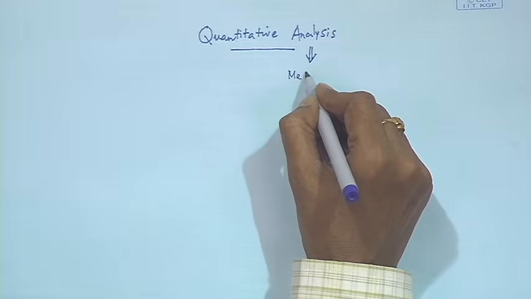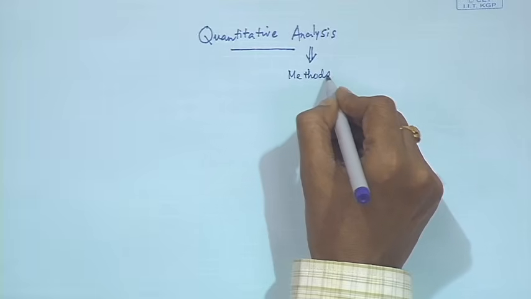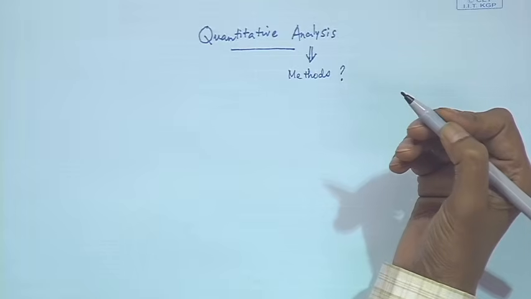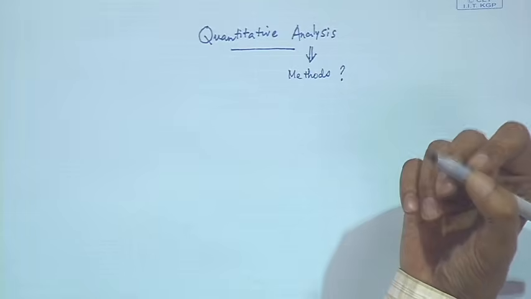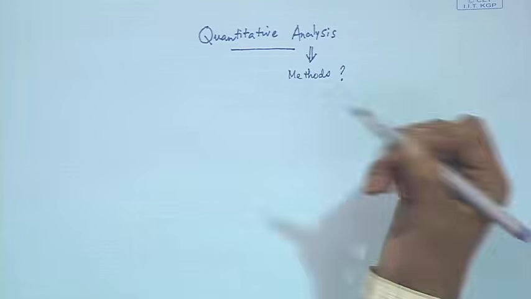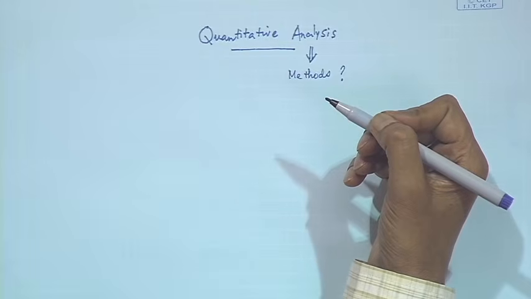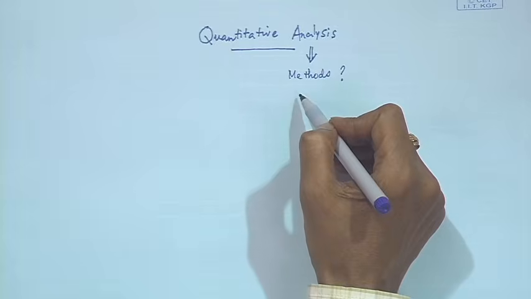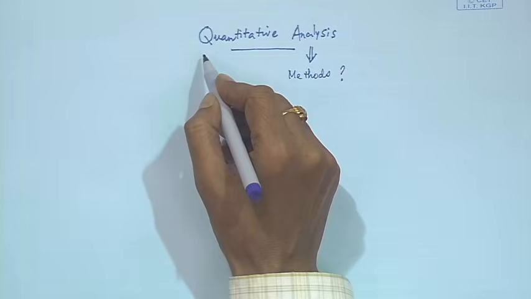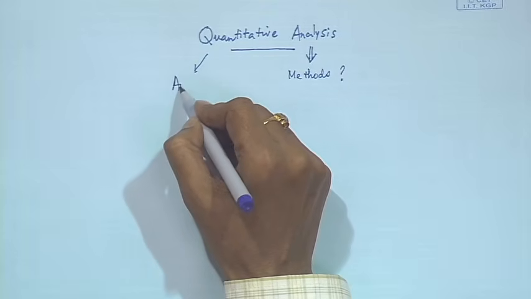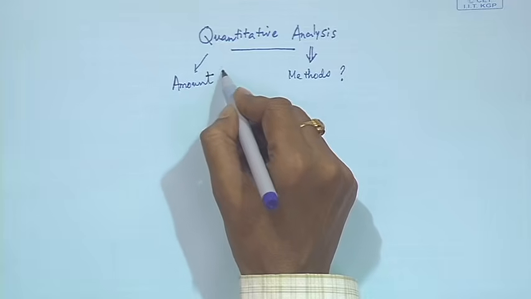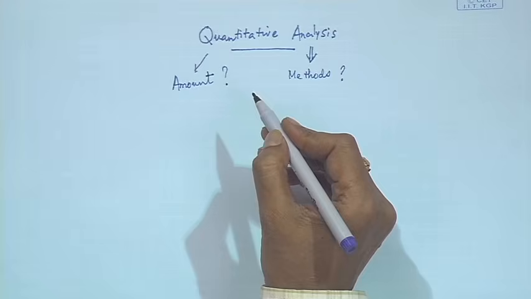How can we develop any method, how to use that particular method, how to apply this method to analyze any unknown sample? What are the things we can basically monitor, because this method will ultimately tell us about the amount of any of these compositions.